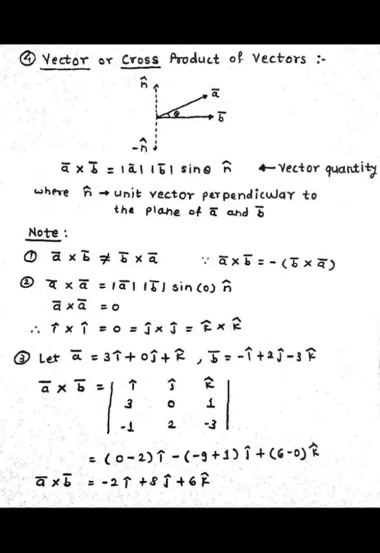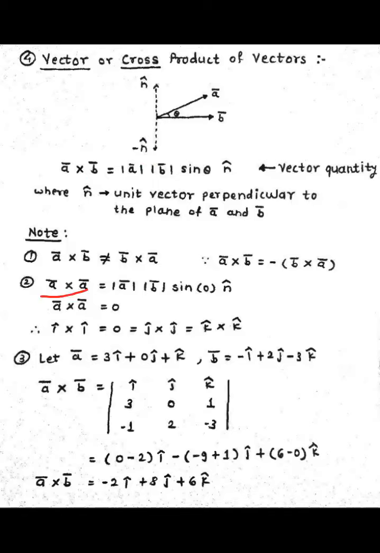If we rotate these two vectors in a clockwise sense, then they show the direction of n cap but in the opposite direction, so it is negative n cap. So they satisfy a bar cross b bar is equal to minus b bar cross a bar.